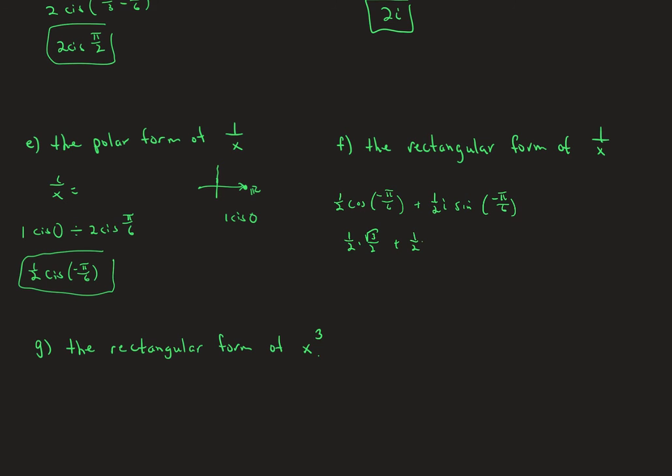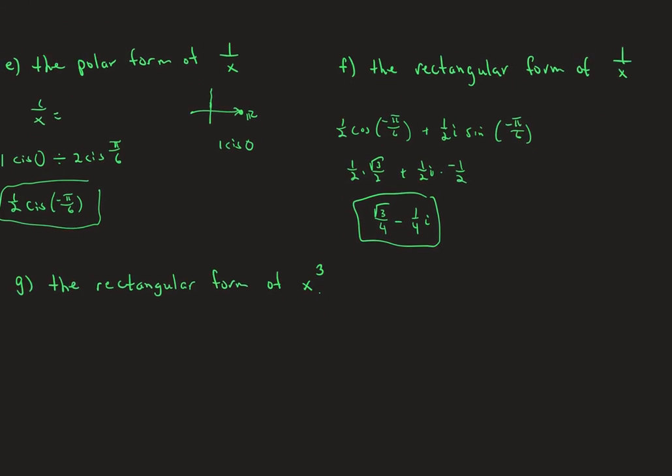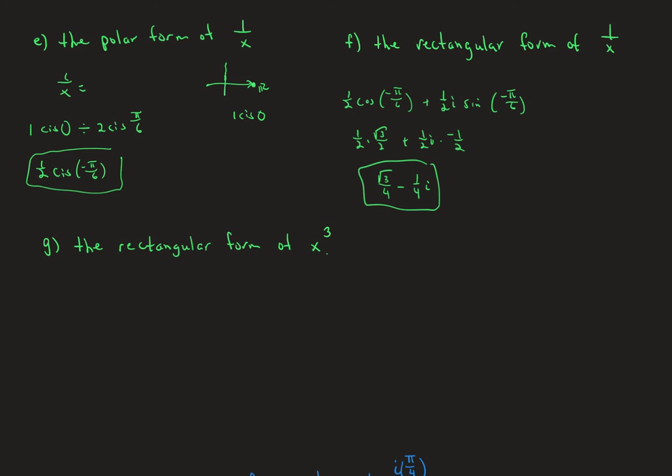And then we'll get 1/2 i, and the sine of negative pi over 6 will be a negative 1/2. So in rectangular form, we're going to get square root of 3 over 4 minus 1/4 i is 1 over x. And now we want rectangular form of x cubed.